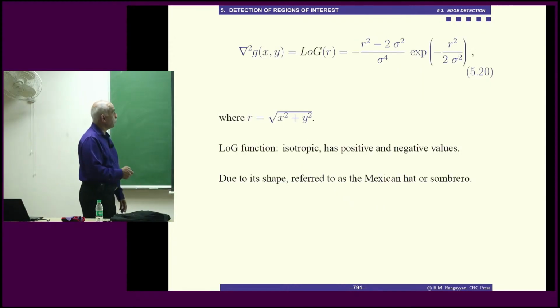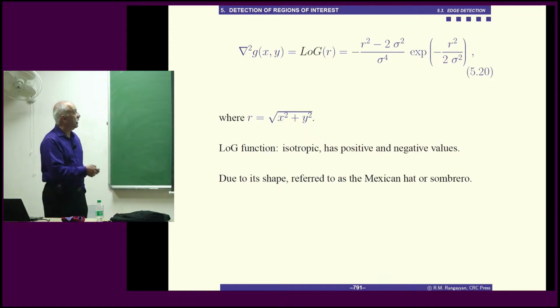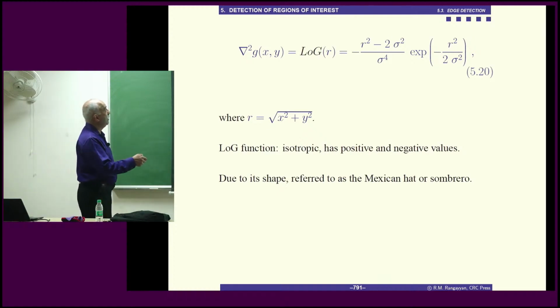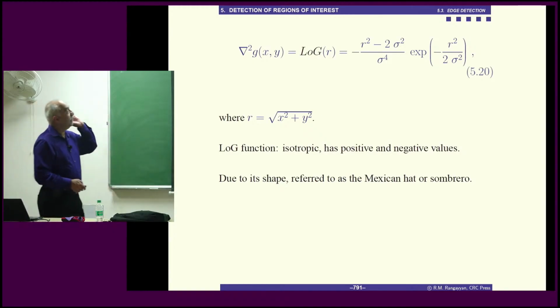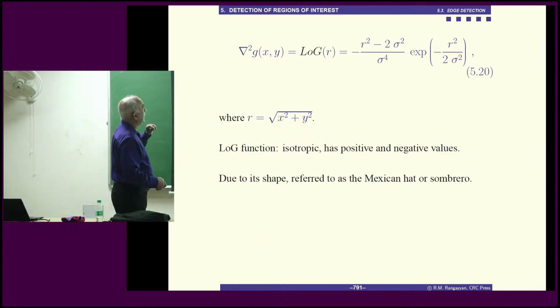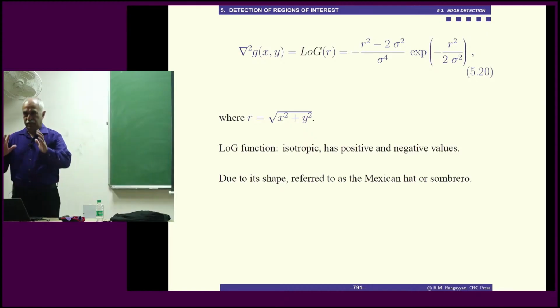Combine them and change to polar coordinates. r is the square root of x squared plus y squared. You get this expression. So that is the Laplacian of Gaussian operator, which is characterized. r is distance, so it's not a parameter. Sigma is the parameter that controls smoothing or noise control.